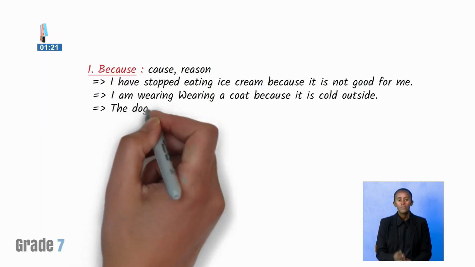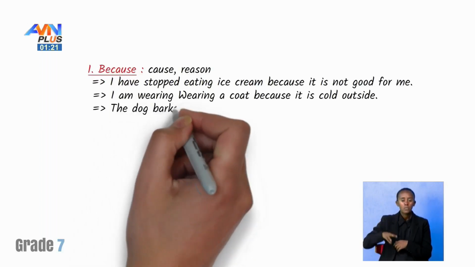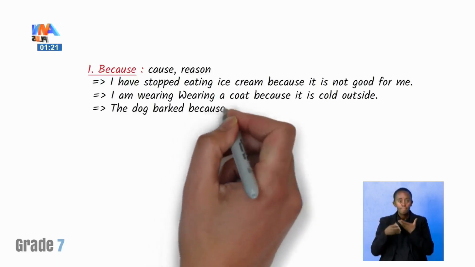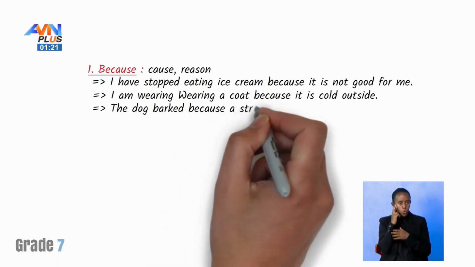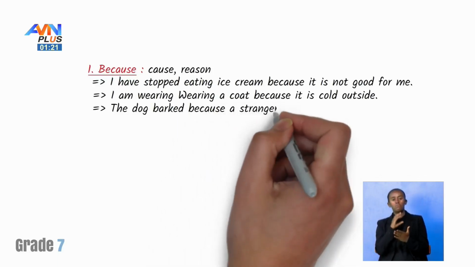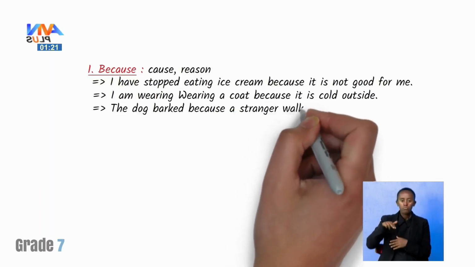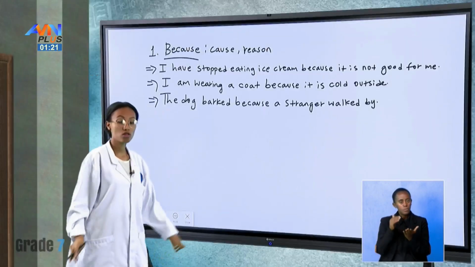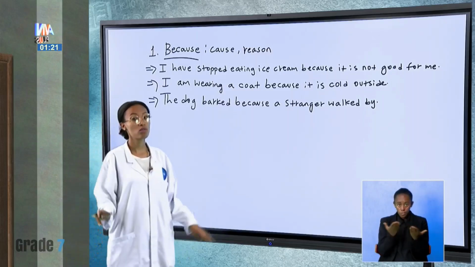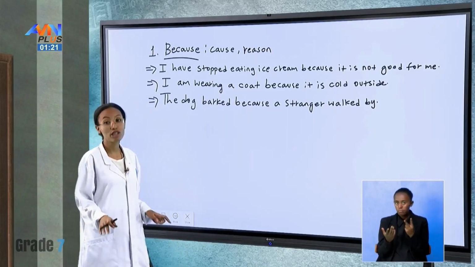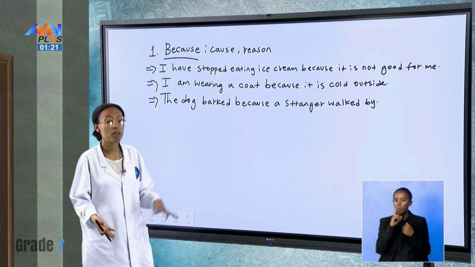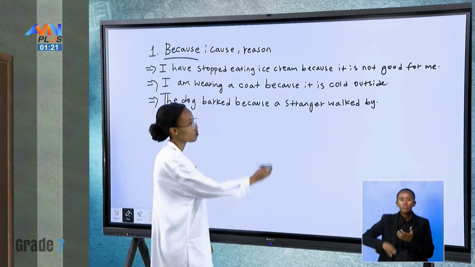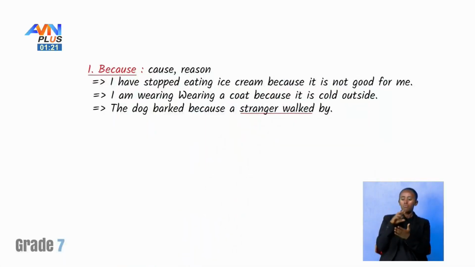The dog barked because a stranger walked by. So again, two things that happened, but two of them have a connection here. One of them happened because of the other. Why did the dog bark? Because a stranger has what? Walked by.